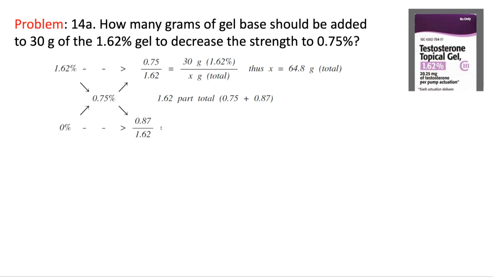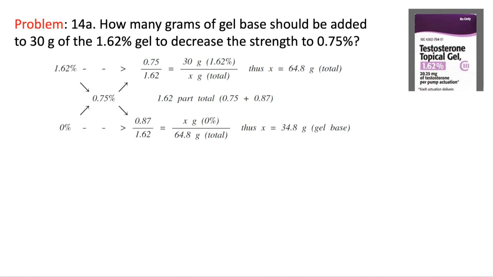So now I can go down to the bottom and use the relationship that I have that of the pure gel base, I need 0.87 parts out of a total of 1.62. I can set that equal to some unknown weight of just the pure base, but I know my total. My new total I just calculated for the 1.62 parts would be 64.8 grams. So I can set that over the 64.8.